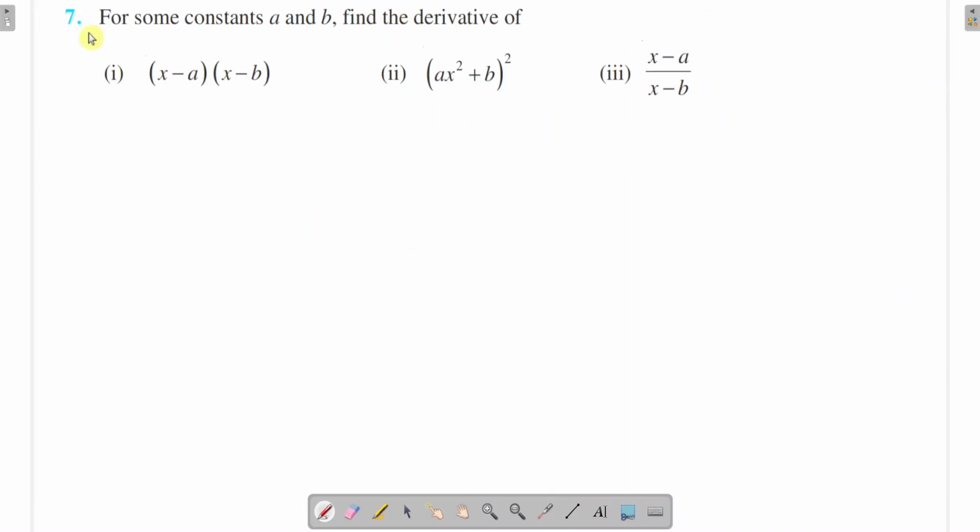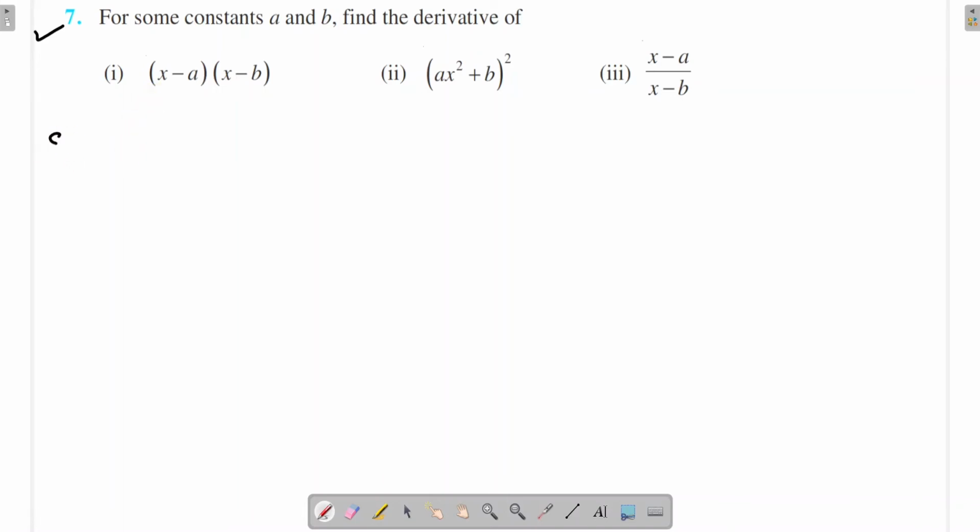Now let us go to the next one, that is the 7th one. So the question is, for some constants a and b, find the derivative of. There are 3 sub problems, and in each sub problem there are constants a and b. You have to find the derivative of each of the sub problems.